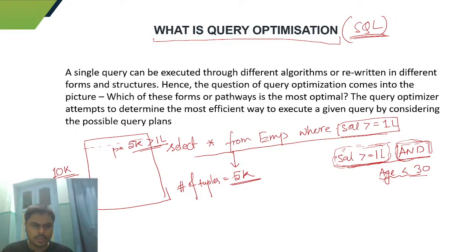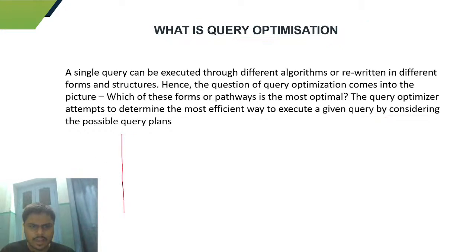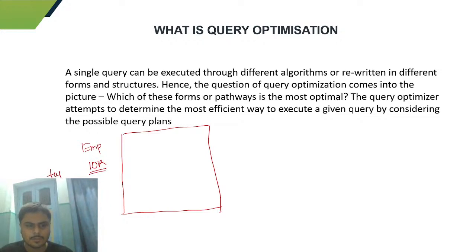Let's see here. You have an employee table with 10k tuples, with an age attribute and a salary attribute. In the age attribute, let's say you have 30, 40, 50, likewise, and 20 also.